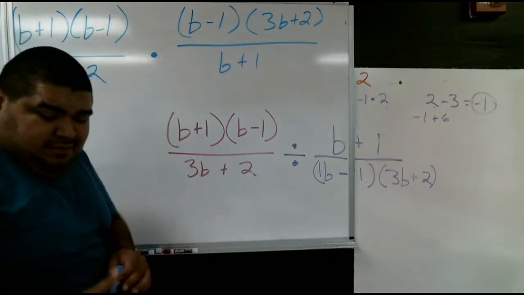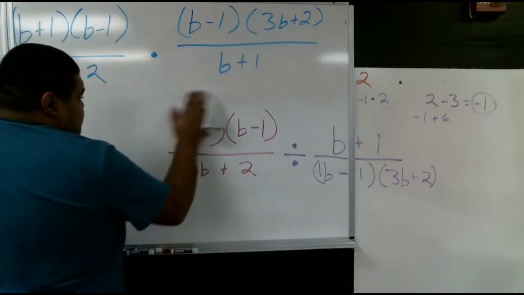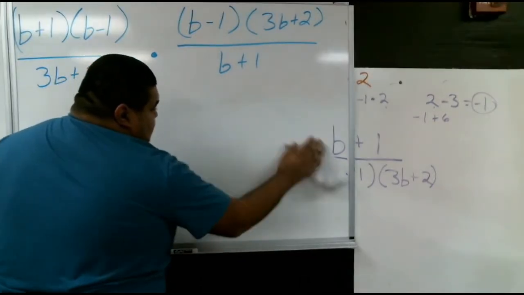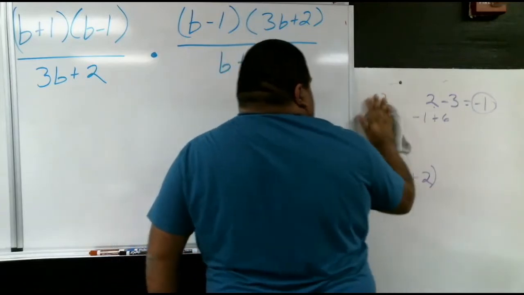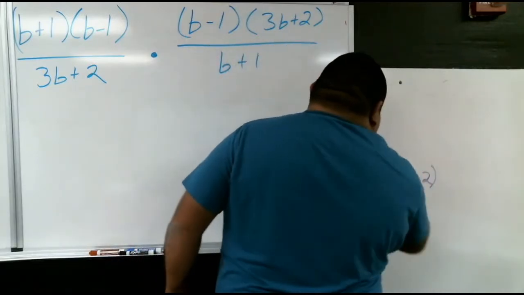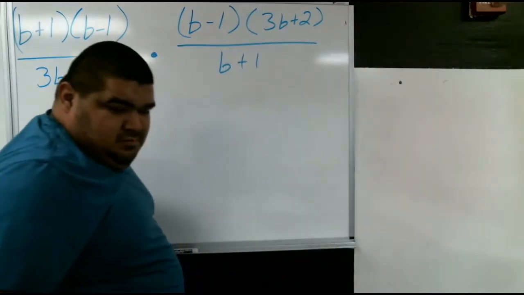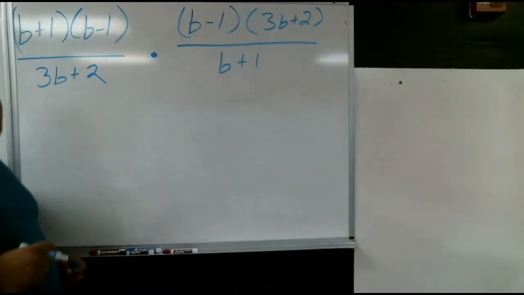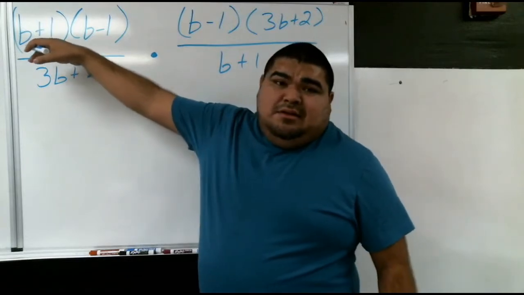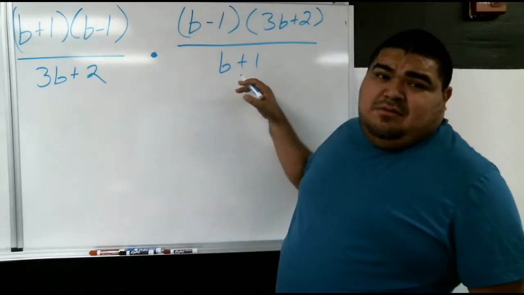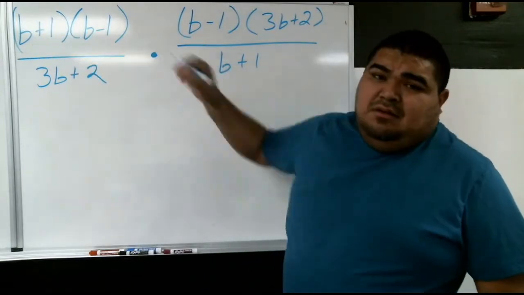Now that we have it all written out completely, we can actually start canceling things out. Do we have anything that is the same here that is the same down here on the opposite side?